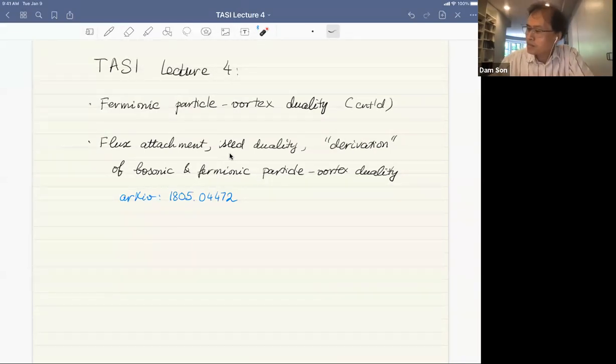But today I'm going to try to derive this duality using something that we call a seed duality, something presumably more fundamental, and you will see that there is some reason we might hope that it is actually correct.